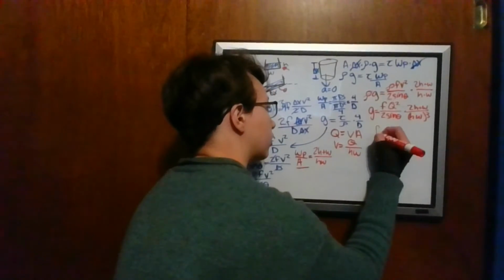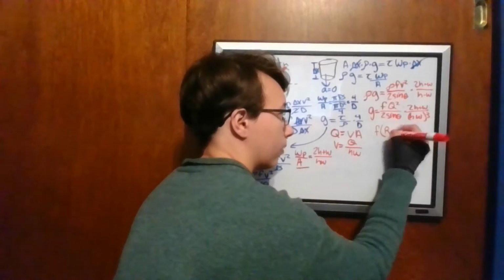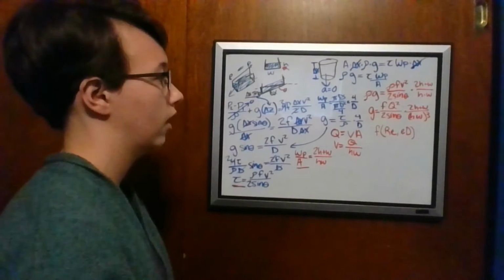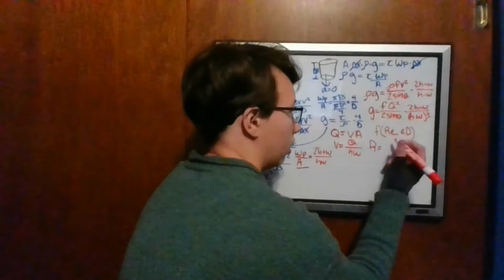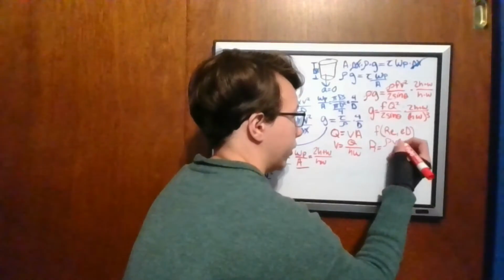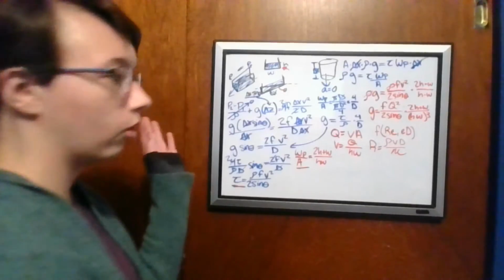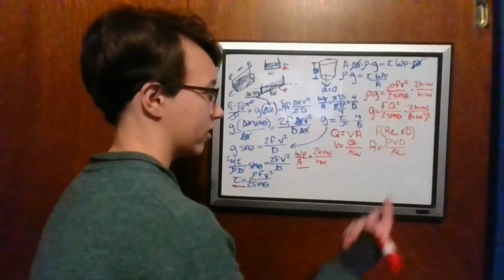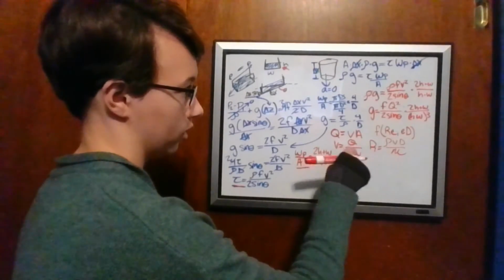So fanning friction factor is a function of the Reynolds number and the roughness of the surface, and Reynolds number is rho V D over mu. So we're going to know what fluid is going through there, so we know our density and our viscosity. Velocity we can find from this Q.